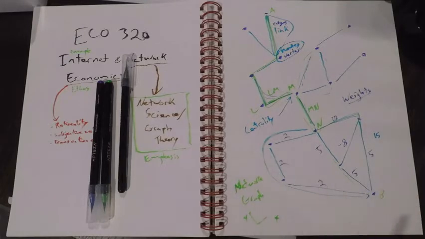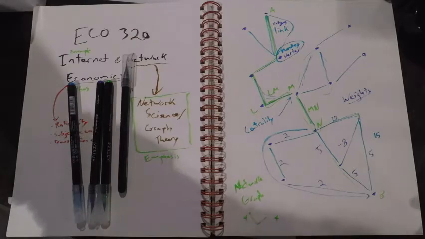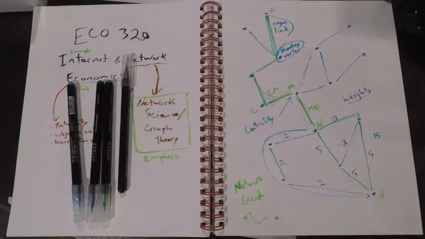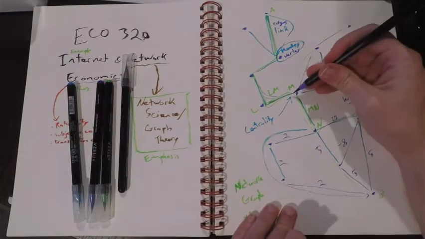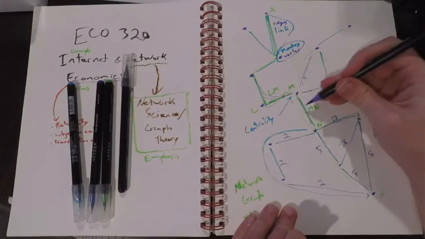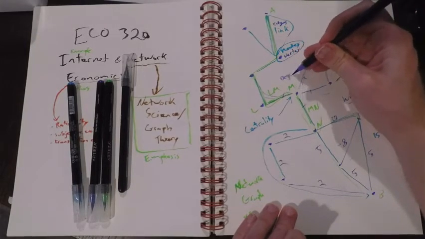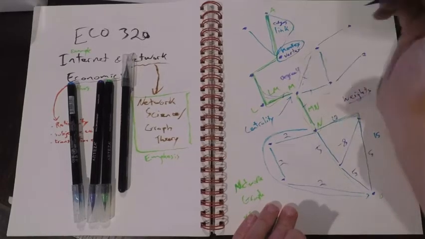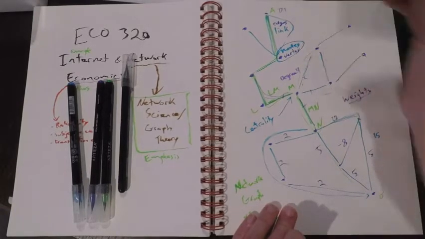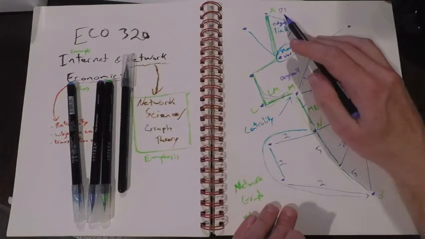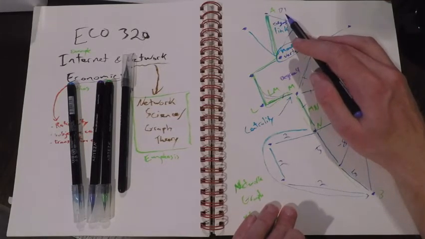And a really important thing to get there is degree. So M, we can see, has 1, 2, 3, 4 links, so we would say it has degree 4. Node A has degree 1. So A, right off the bat, looks less central just because it's linked to less stuff.